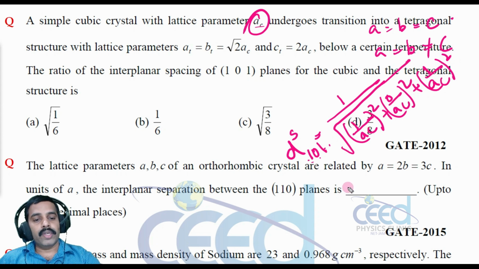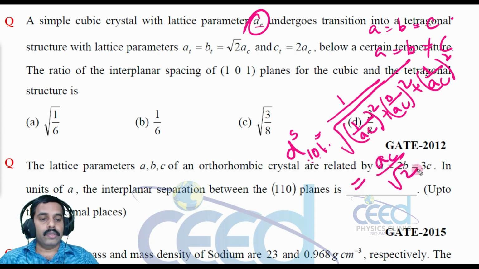When you simplify this, you will get AC divided by root 2. So this is the interplanar spacing in simple cubic structure for the 101 plane.